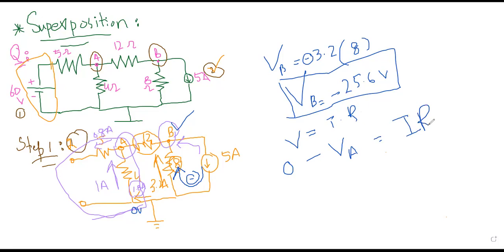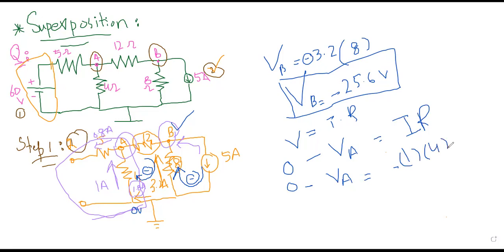Again, the current passes from this clockwise. So clockwise is always positive, always negative, sorry. So 0 minus VA equals negative times, due to clockwise. The value of I is 1 ampere. The value of resistance is 4.